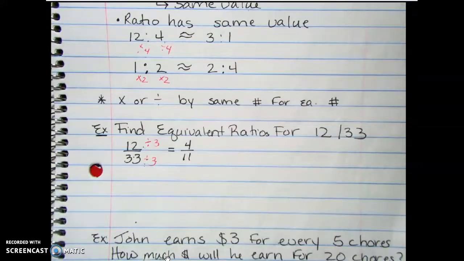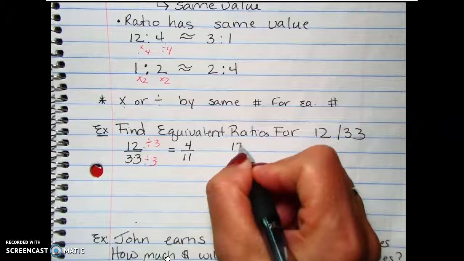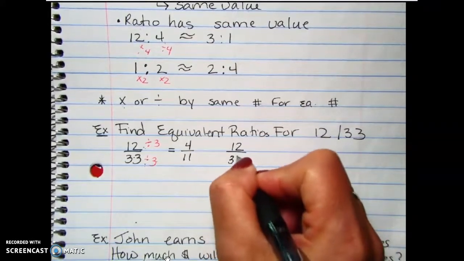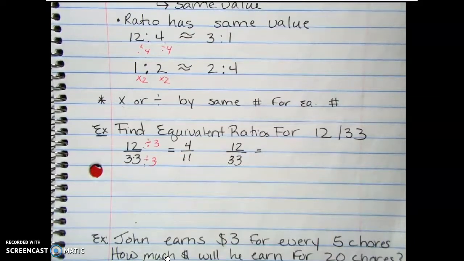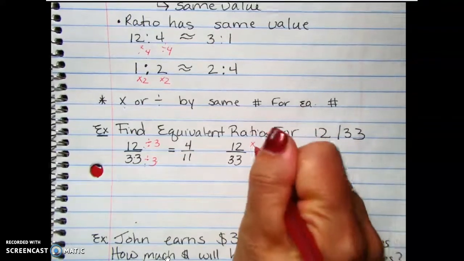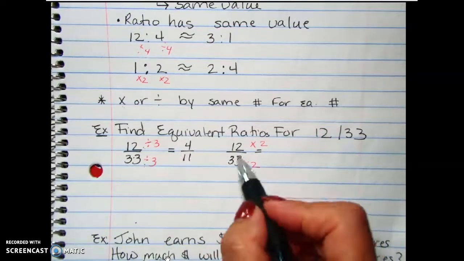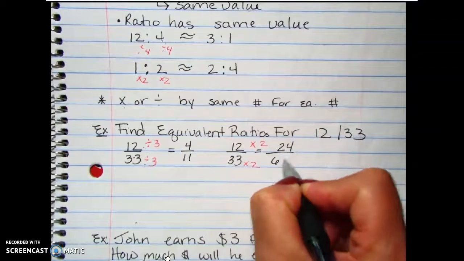Now, on the other hand, I could also multiply. So I can take my ratio of 12/33 and I can multiply by numbers. I can multiply by 2. And I know that that would equal 24/66.